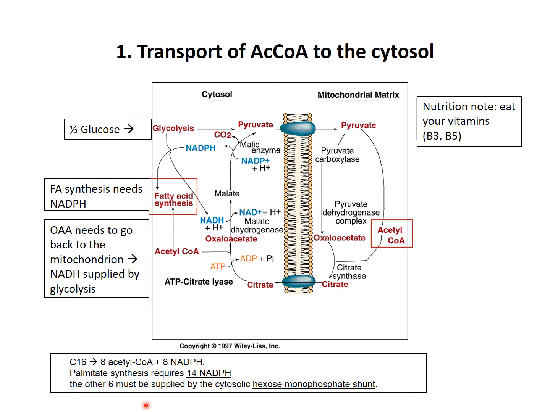Now, what we talked about until now is that for palmitate, which is carbon 16, we need 8 acetyl coenzyme A's coming out from the mitochondria. We need NADPH, and this NADPH is produced partially by the malic enzyme, but the rest should be produced by the hexose monophosphate shunt.